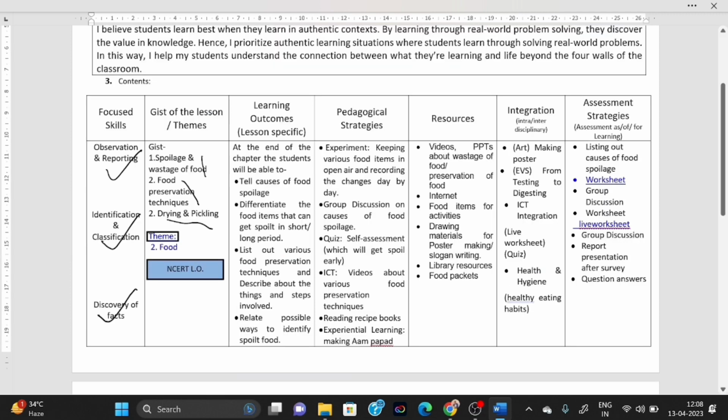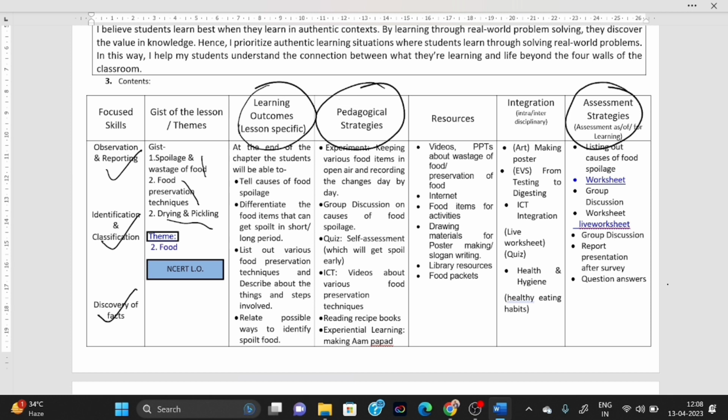time. One important thing to remember while we are preparing the lesson plan is that the learning outcomes, the pedagogical strategy and the assessment, these three parts should be in a parallel line.